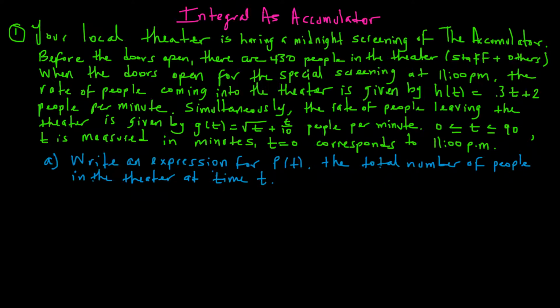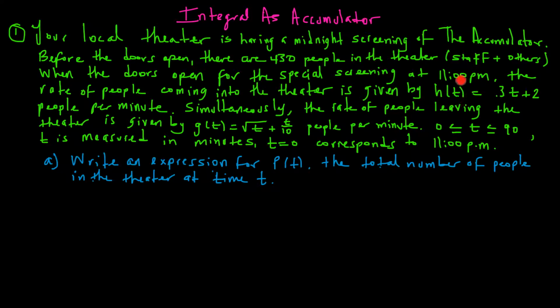When you talk about accumulator type problems, this is always going to happen. They're going to give you an initial amount. In this case, amount refers to the number of people. The initial number of people in the theater, 430 of them. They're also going to give you the rate of gain, which is the rate of people coming in, and that was 0.3t plus 2.